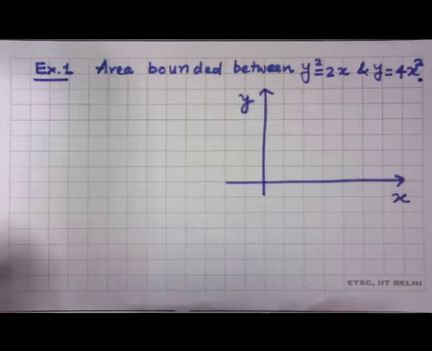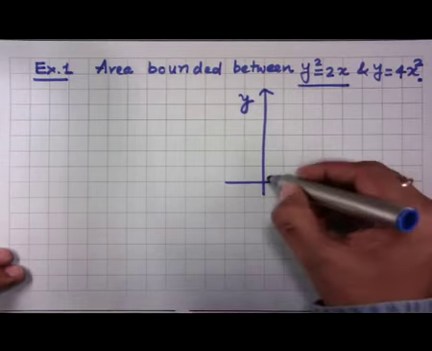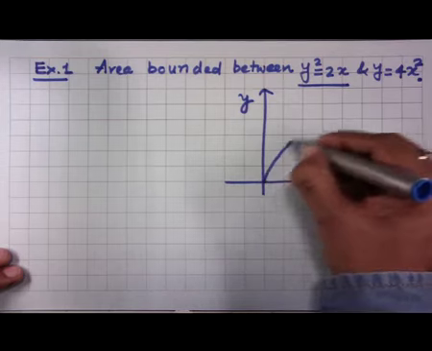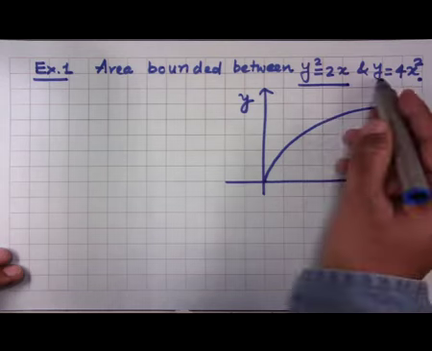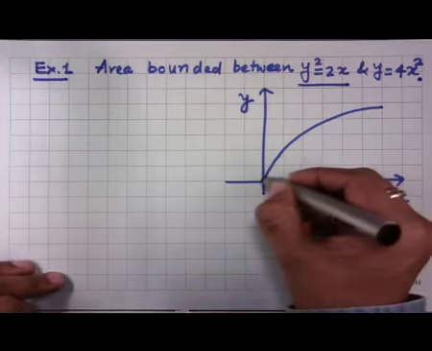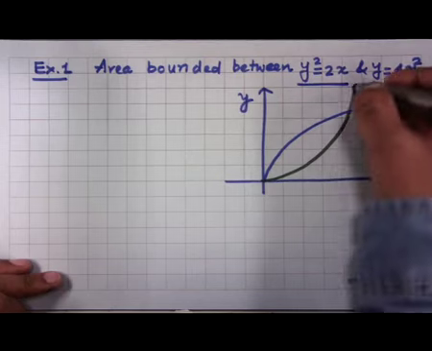For that, you know that y square equals 2x is a parabola whose vertex is (0, 0) and axis is the x axis. So, you get this, and y equals 4x square is a parabola whose vertex is (0, 0) and axis is the y axis. Therefore, it will be drawn like this.